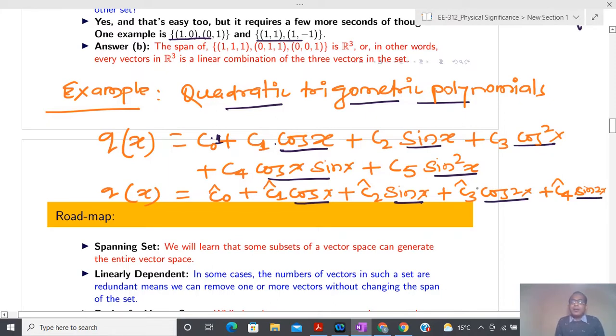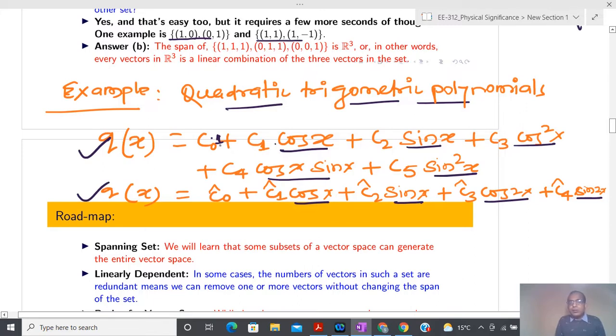And why is that possible? Because we know that cos square x and sin square x are actually related. I can write that sin square x plus cos square x equals 1. After that I can express cos square x in terms of cos 2x, and similarly I can represent cos x into sin x with the help of sin 2x. So in this way, the same polynomial I can represent using a different set of vectors.